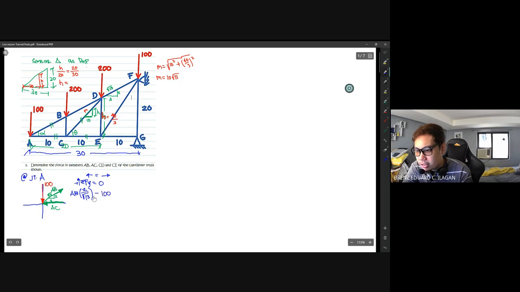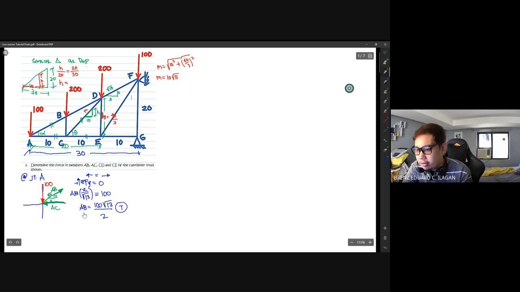So ang gawin ko, transpose ko sa kabila para maging positive. So I can equate these two equals. So what will be the value of AB? So that is 100 square root ng 13 over 2. Okay? So don't forget ulit, always put the direction of the force.